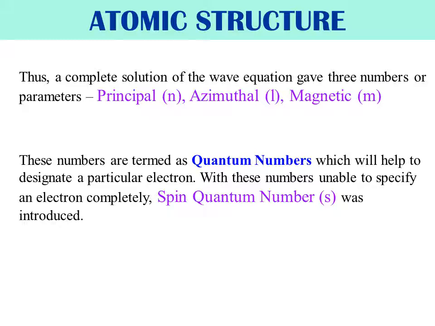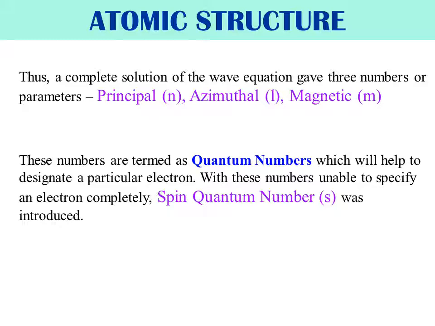But when the reality was determined, these quantum numbers were still failing to specify a particular electron, and thus the spin quantum number, symbol S, was introduced.